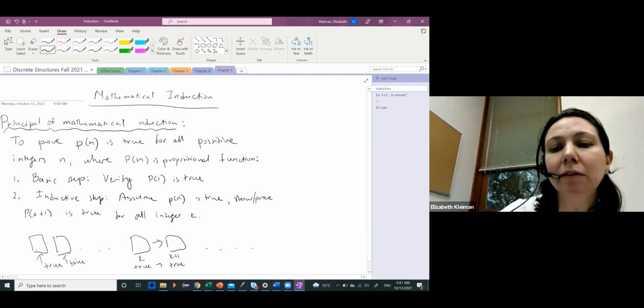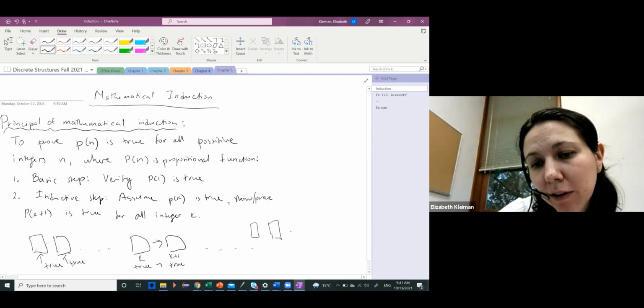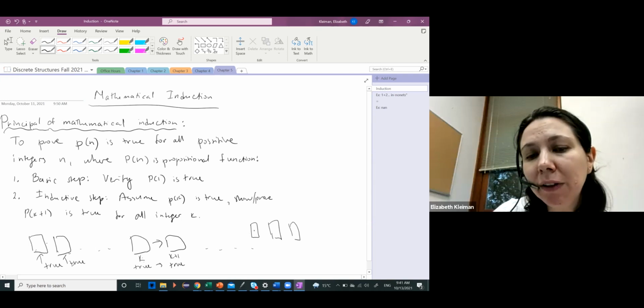So this is like the example with the books I had. Remember when they were falling down? Pretty much the only thing I needed to know is that the first one falls, correct?